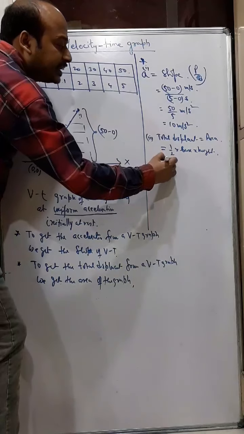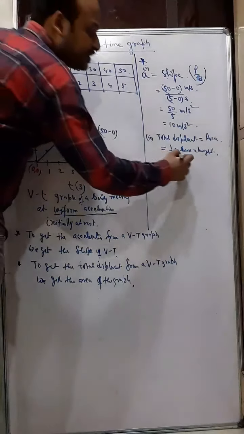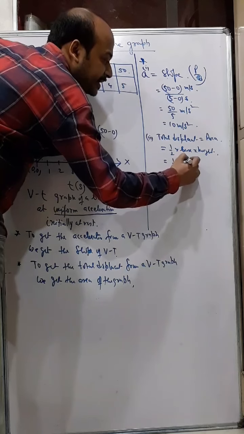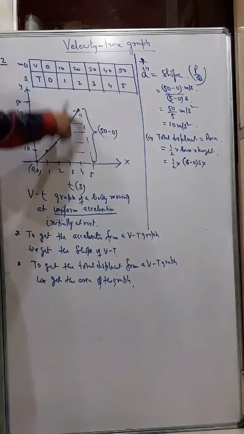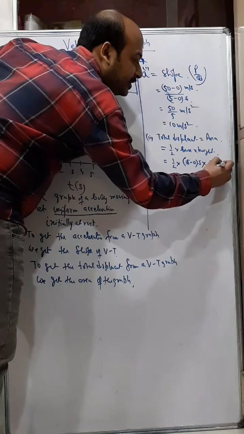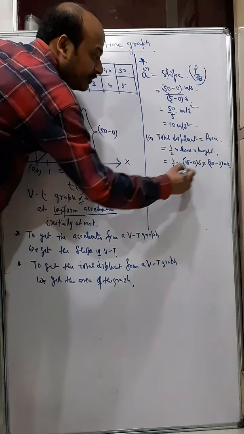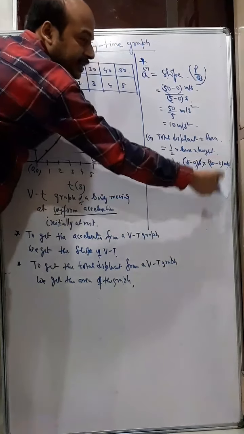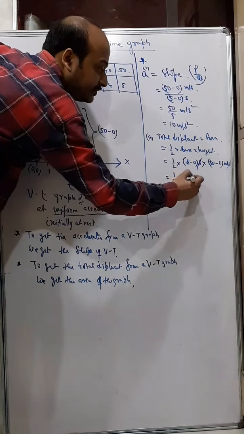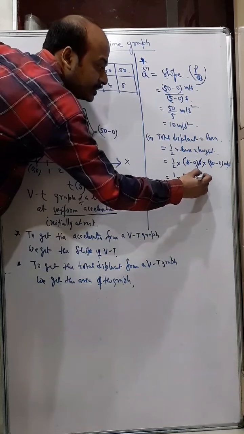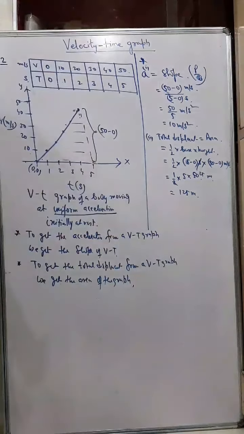The base is 5, or I can write 5 minus 0 second, and the height is 50 minus 0 meter per second. Finally, second and second will cancel and we will get the answer in meter. So this is displacement. We got half into 5 into 50 meter, so finally the displacement of the body is 125 meters.